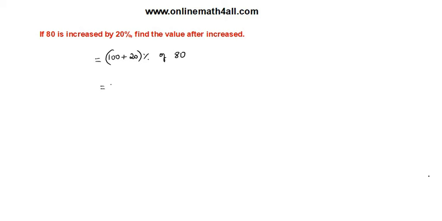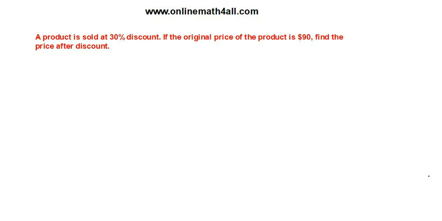So 100 plus 20 is 120 percentage times 80. 120% can be written as 120 divided by 100 times 80. Then 120 divided by 100 is 1.2 times 80. When we multiply 1.2 by 80, we get 96. When the value 80 is increased by 20 percentage, the value after increase is 96.